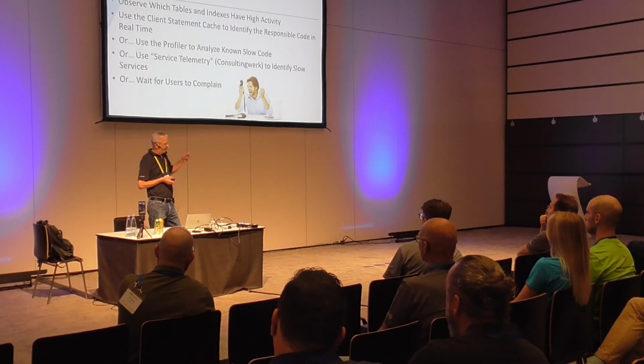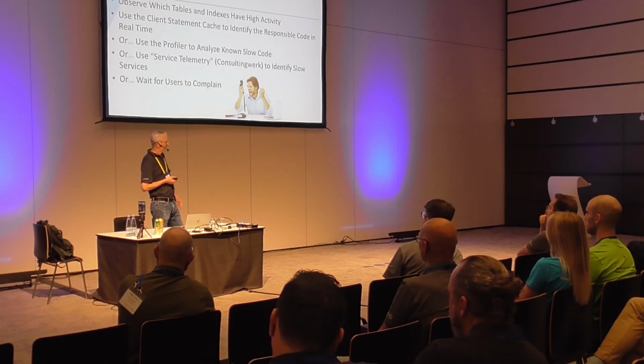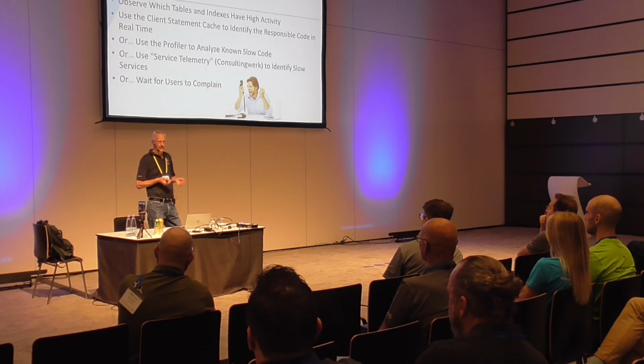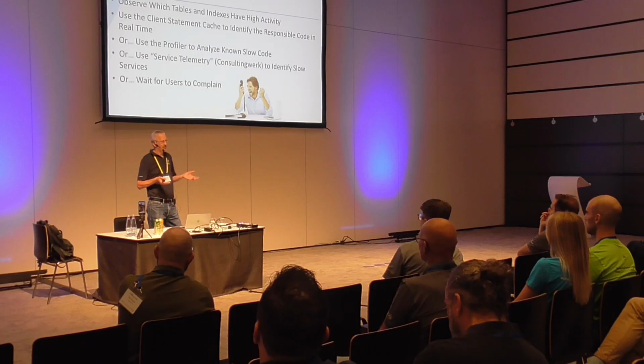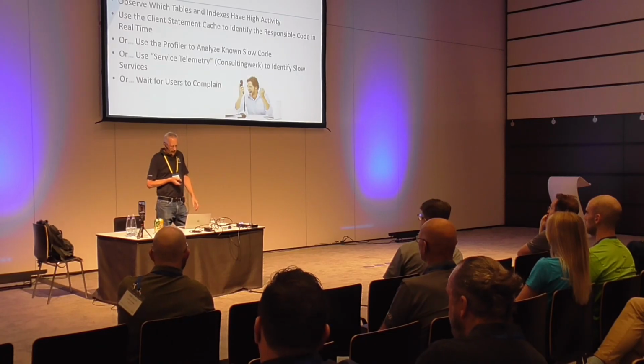But basically, as your code is running, if a user calls and says something is slow, or you know that something slow is about to run, you enable the client statement cache, you watch what's changing in there, and you see which code gets executed, and you say, oh, that's where it is. You don't have to guess. You don't have to go hunting through the code looking for stuff that queries the customer record or something like that, because you know exactly what line of code was executing. It's very efficient.